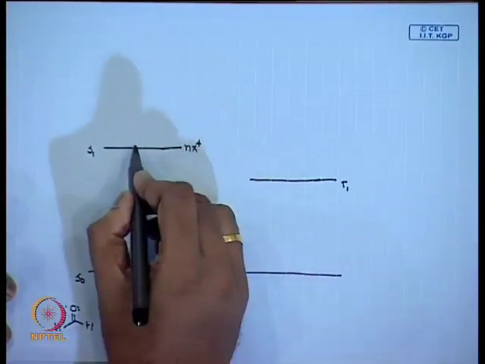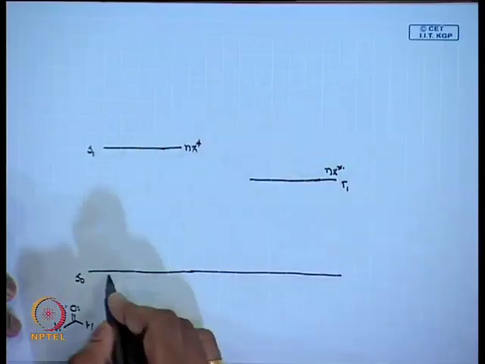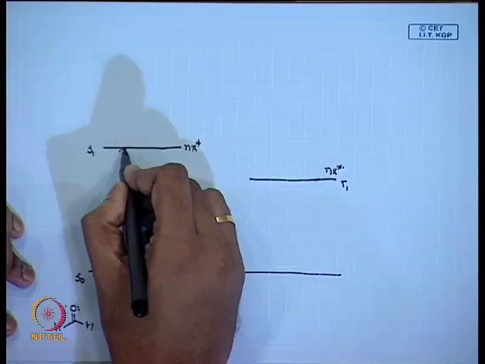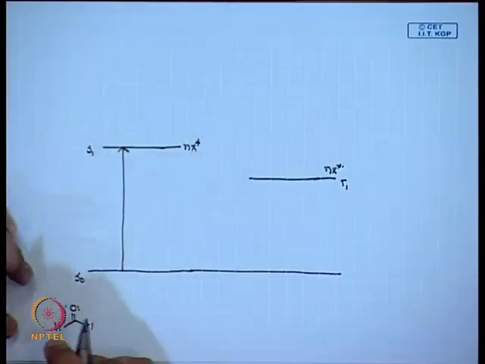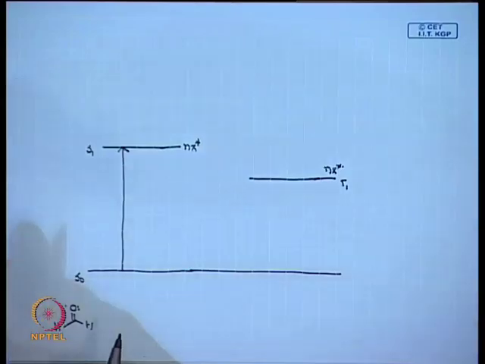You can write it on the top, that is also not a big problem, as an n pi star transition. So, you have an S0 to S1. Once the light shines, your non-bonded electron goes to the pi star, the n pi star transition takes place.